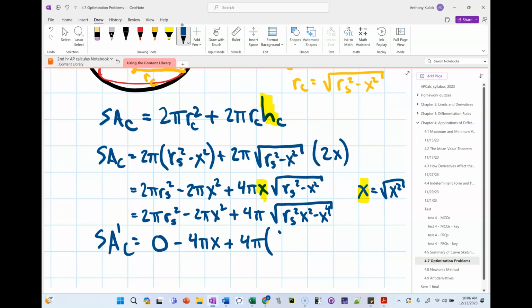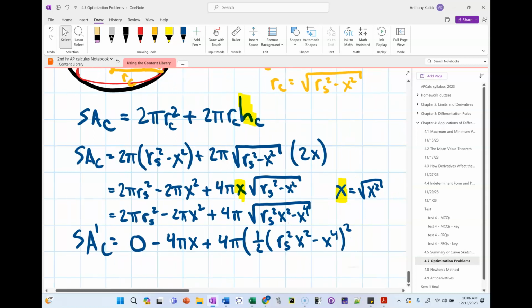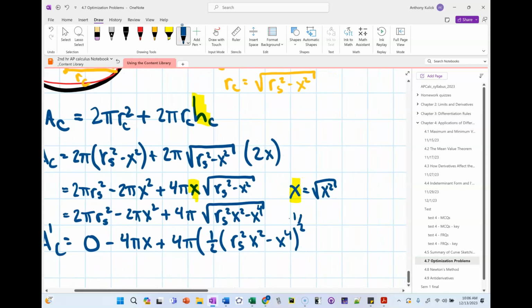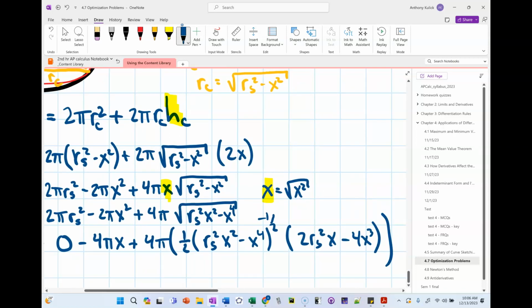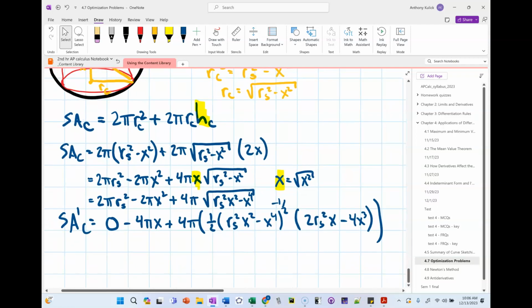Then that derivative is going to be a chain rule. Does that all look okay?